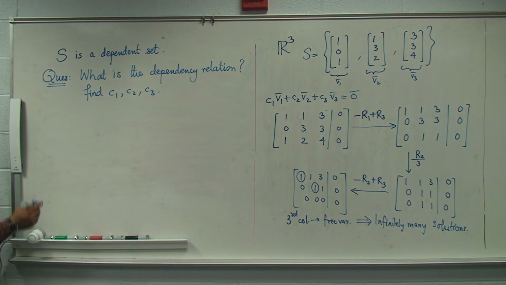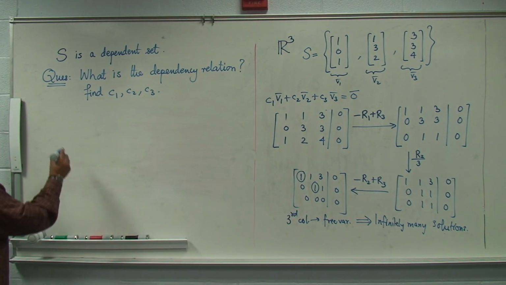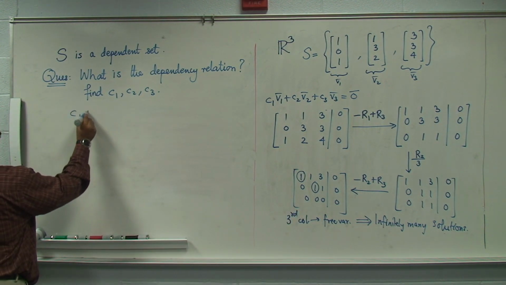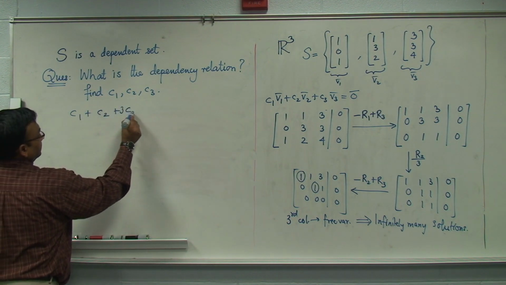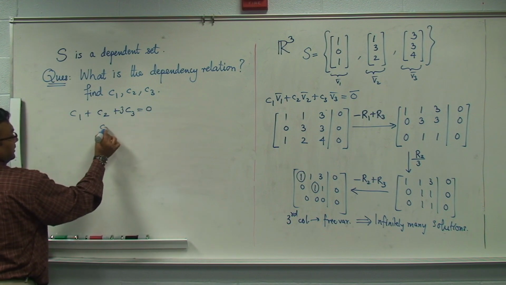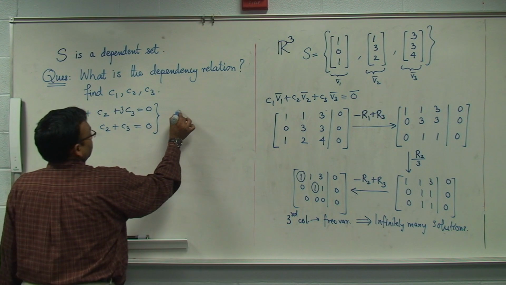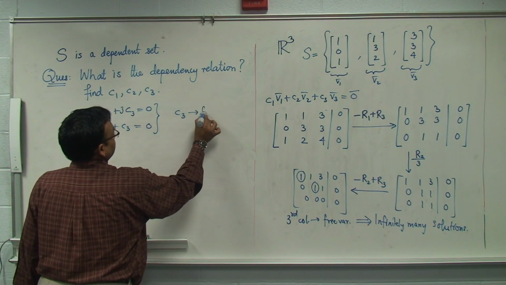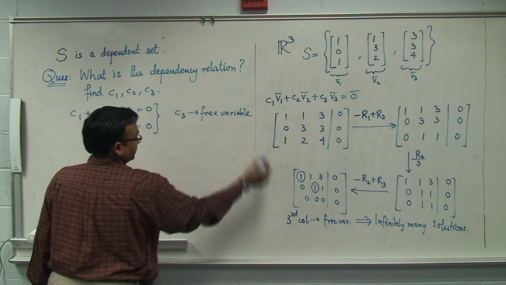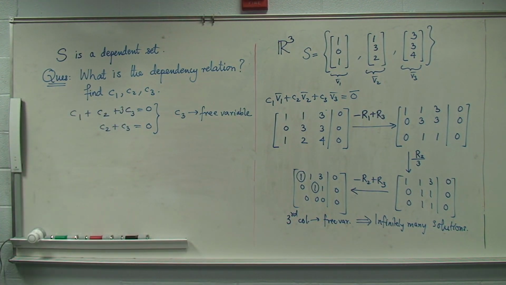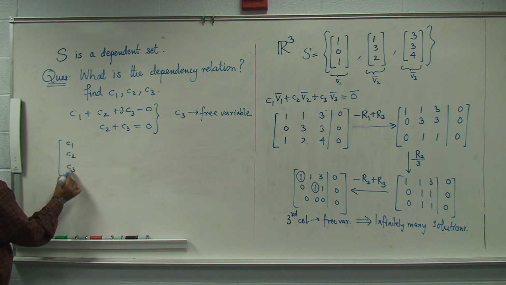So all we have to do is just solve for the system. We have already got everything taken care of. So from that matrix that we have got, we can say C1 plus C2 plus 3C3 is 0, and C2 plus C3 is also 0. Remember, C3 is our free variable. We did say the third column is the free variable.